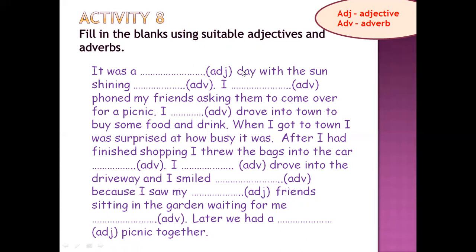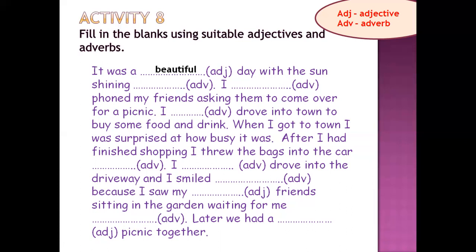You have to describe this noun, day. It was a blank day. You have got a clue with the sun shining. It's a sunny day. So you can use any adjective, but here I have used beautiful.